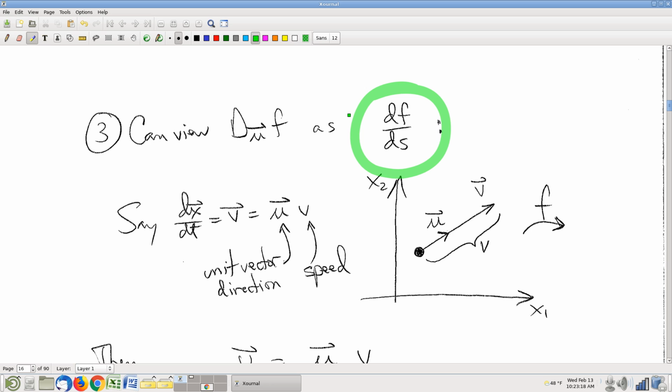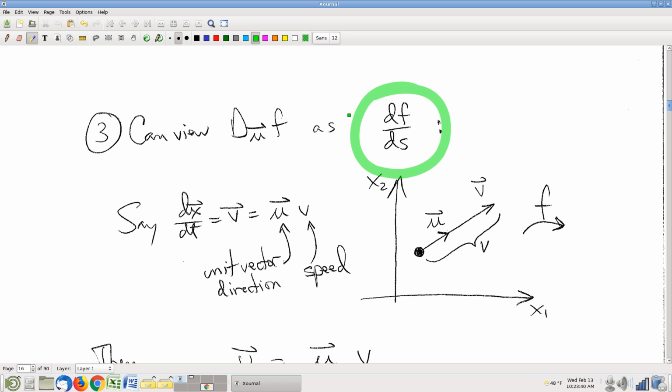Well, for example, maybe I'm driving along a road, and I'm interested in how fast the temperature is changing as I drive along the road. Well, I personally might be interested in my own personal experience of how many degrees per unit time is the temperature increasing.